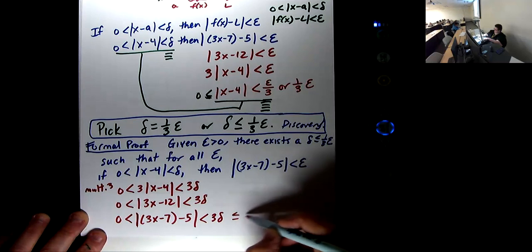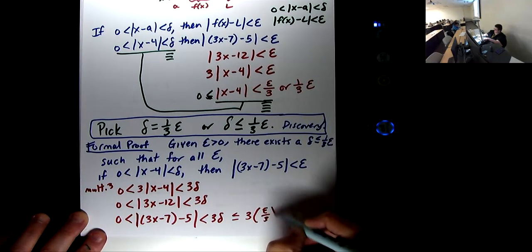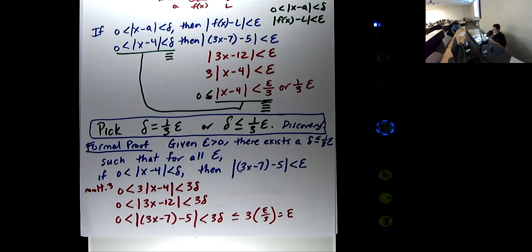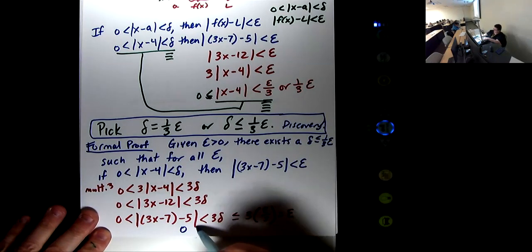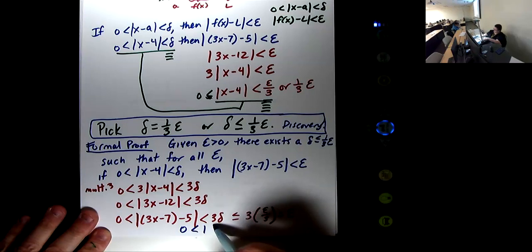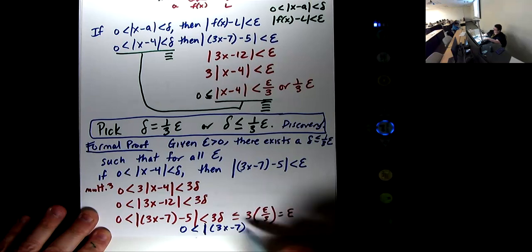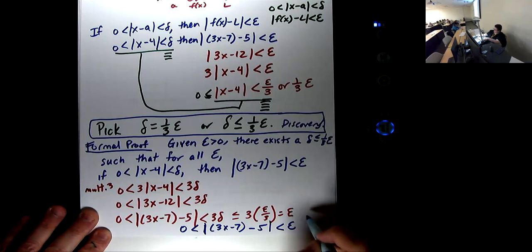But that's less than or equal to 3 times epsilon over 3, which equals epsilon. So we have this chain of less thans. This ends up being 0 is less than the absolute value of 3x minus 7 minus 5, which is less than epsilon. And then they say QED.